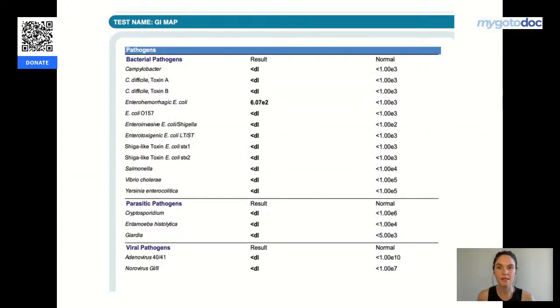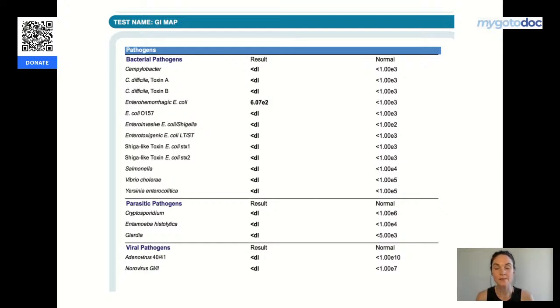So this is basically a sample GI stool map, the first page. And as you can see, this person has a type of E. coli, which basically happens when there is a fecal contamination of food or water, and it can cause symptoms like cramping, fatigue, nausea, and diarrhea.